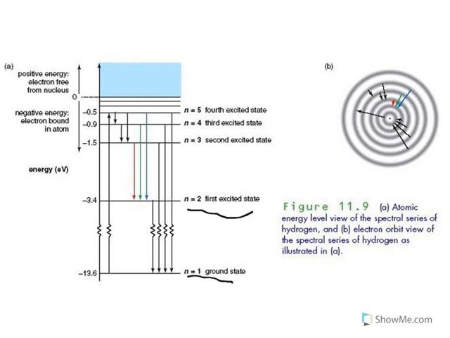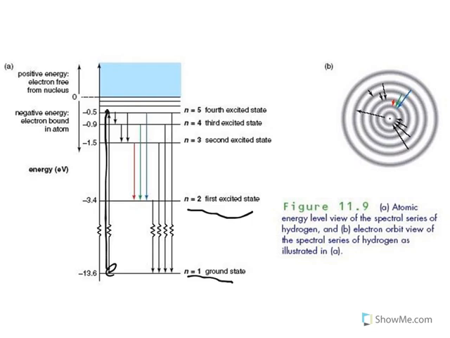If I put in some energy, here's my electron sitting there in hydrogen minding its own business, and I put in enough energy, which would be 13.1 electron volts, I can get it to come up here.